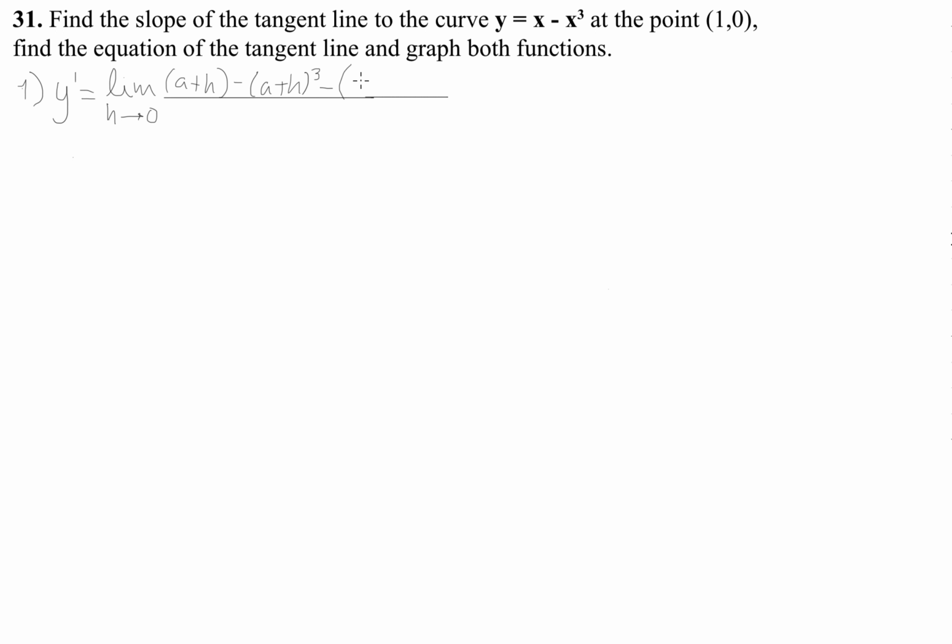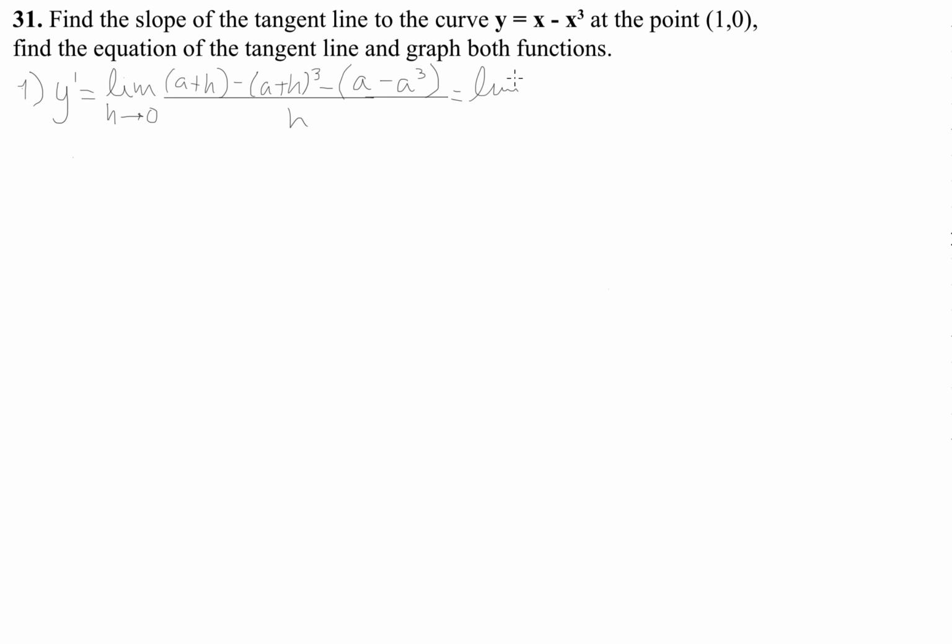So for every x we write an a minus a to the third over h. Okay, so we are going to develop this sum. We're going to raise this sum of two terms to the third power. We're going to change all of the signs of this expression and we can remove this parenthesis.